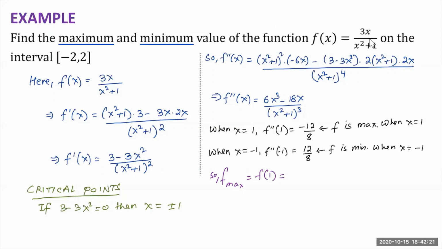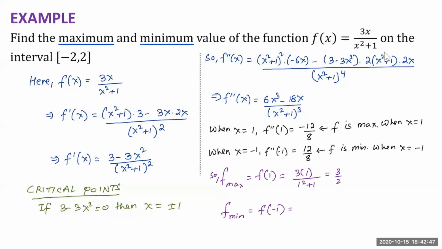So if you plug in 1 to the function, 3 times 1 is 3, and then 1 squared plus 1 is 2. So we can write 3 times 1 over 1 squared plus 1, which is equal to 3 over 2. So 3 over 2 is the maximum value. Similarly, the minimum value will be obtained by plugging in negative 1.